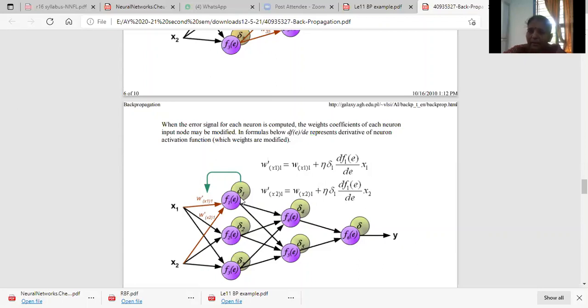The modified weight value can be evaluated using this: W11 new is your old weight value plus eta into delta 1, the error calculated at the first input neuron, and the first derivative of your function, into x. Likewise, your other weights are also modified.